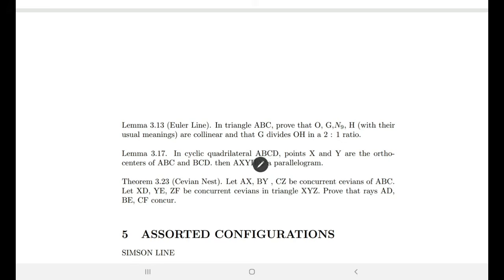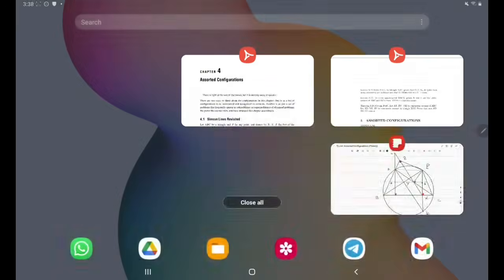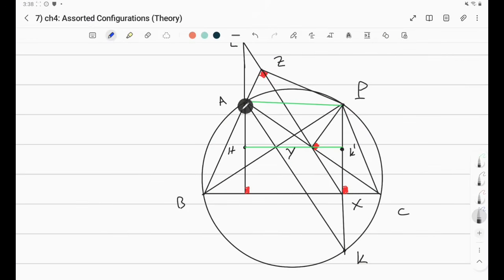If you have a cyclic quad ABCD and you take the triangles ABC and BCD and you take the two orthocenters X and Y, then you already have a parallelogram AXYD. And guess what? That's exactly our diagram here. You have the cyclic quad ABCP, and you have an orthocenter here, another orthocenter here. Then you already have that this one is a parallelogram. So it's just an application of that theorem.